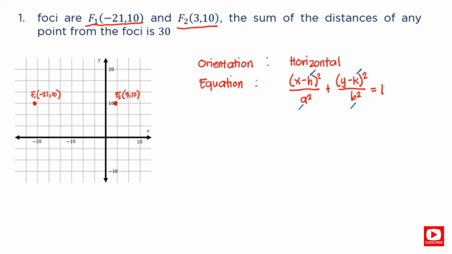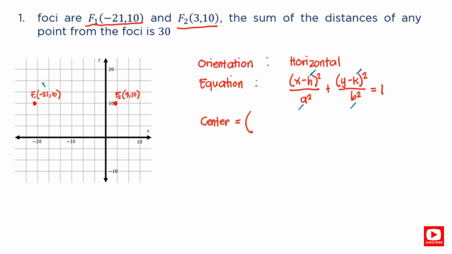And what is (h, k)? That is just the coordinates of the center. And take note that the center is just the point midway between the foci, the vertices, or the co-vertices. And since we have the foci here, we can now solve for the center by getting the midpoint of these 2 points. So the center is equal to (x sub 1 plus x sub 2 over 2, y sub 1 plus y sub 2 over 2).